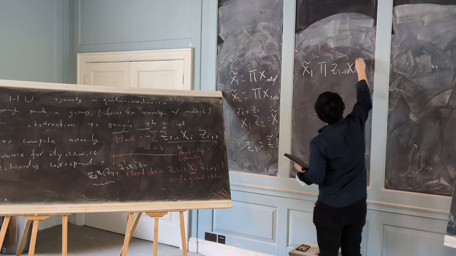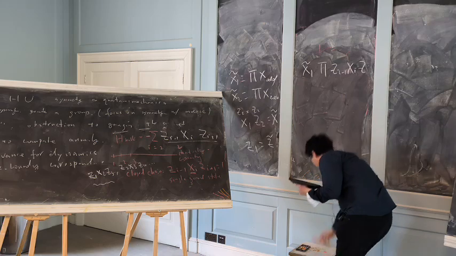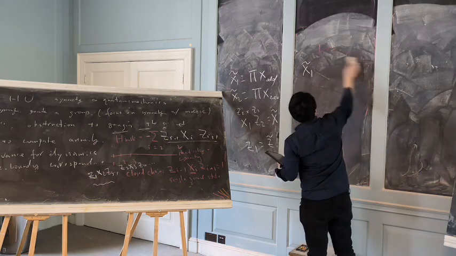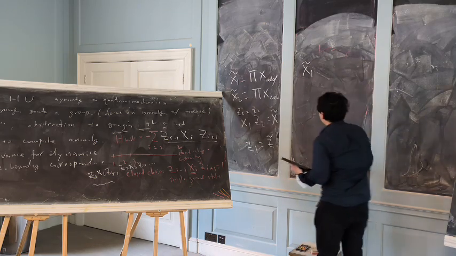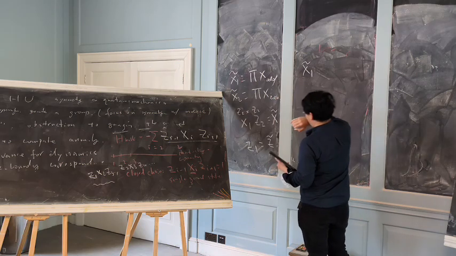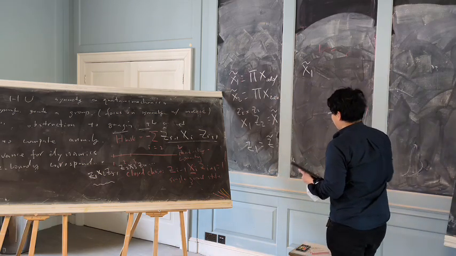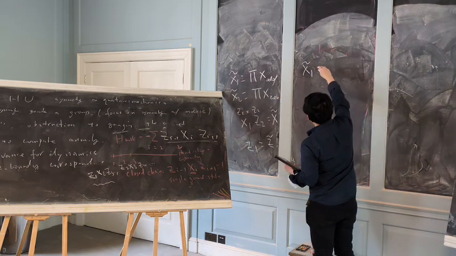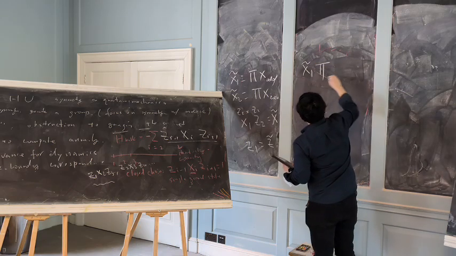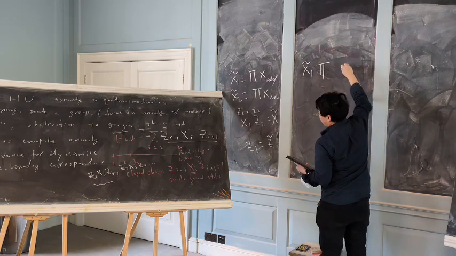So let's start with X1 tilde. Recall X1 tilde is the product of the X operators on the odd sites, and then you multiply X1 tilde by the Hamiltonian terms also on the odd sites.